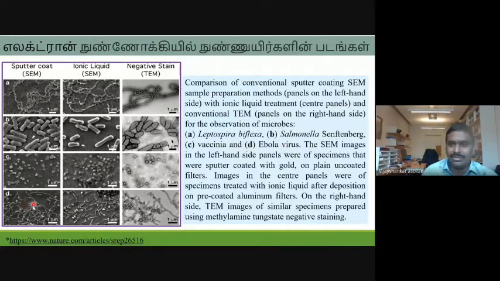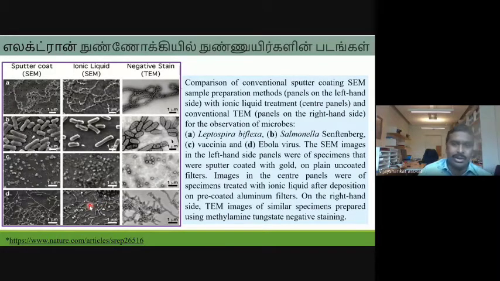So this is an ebola virus imaged in sputter coated secondary electron scanning electron microscopy. Then this is one of the biological imaging processes in SEM and TEM using ionic liquid and negative stain imaging to get more information compared to the sputter coated conventional method.